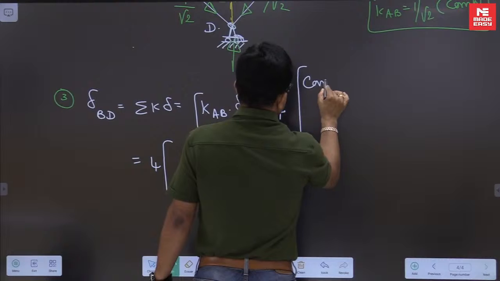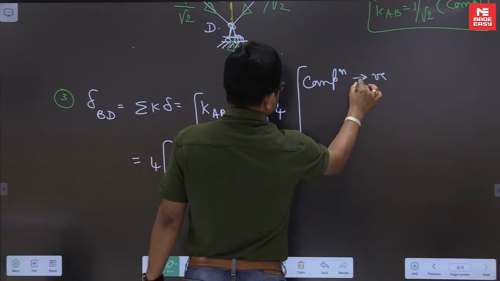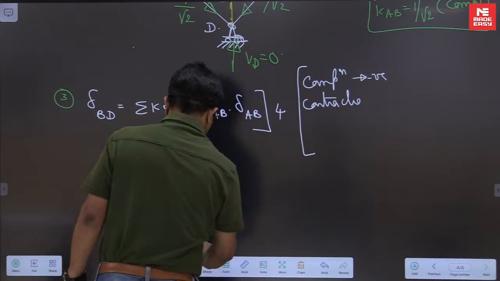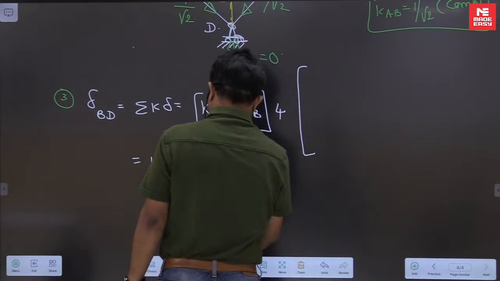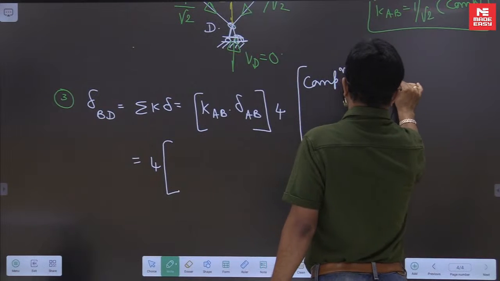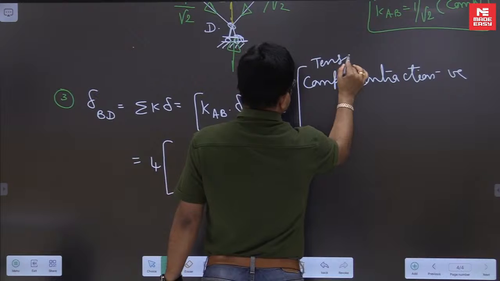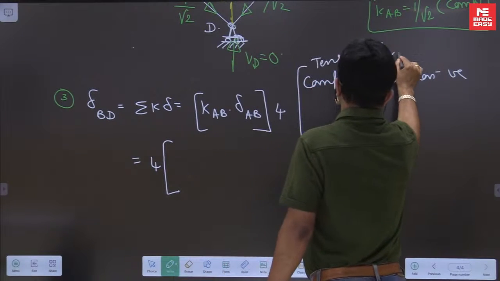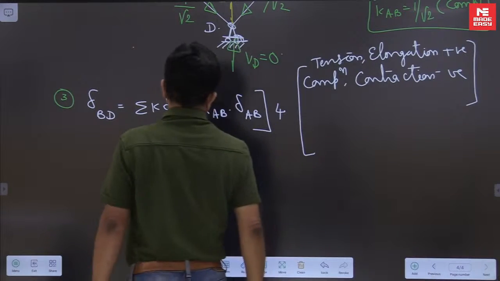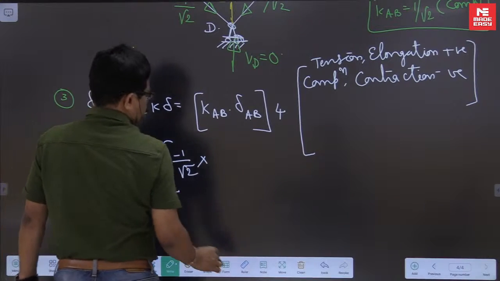Compression, corresponding contraction: you take it as negative. Tension, corresponding elongation: we take it as positive. So KAB is minus 1 by root 2 into delta AB.